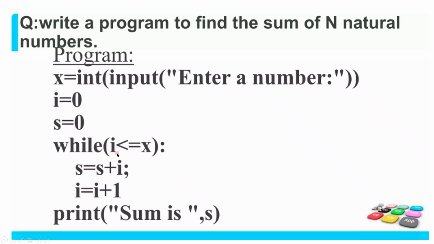The moment i is incremented beyond x, that means when i becomes 6, the loop will be terminated, and after that the last line will be executed. In the last line you can see it is written print sum is s. So finally you are going to get the summation. The message will be flashed as sum is, and along with that we have used the variable name s, so the value of this variable will be shown to you.